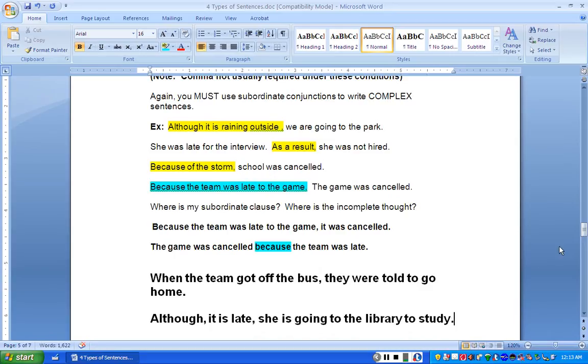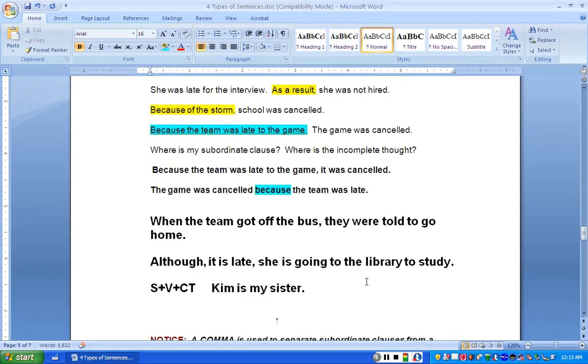Now let's analyze this. Although it is late, she's going to the library. No, you do not put a comma after the word although. Although is a subordinate conjunction, and it will set up a subordinate clause. A clause is a group of words. Although it is late, it is here where you put the comma.